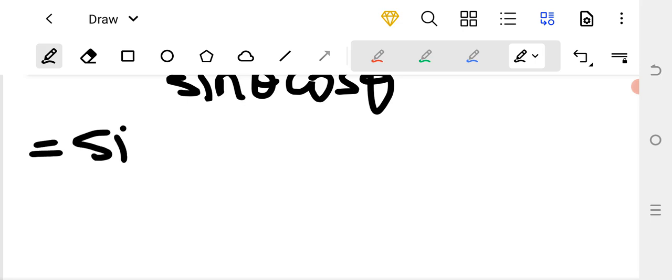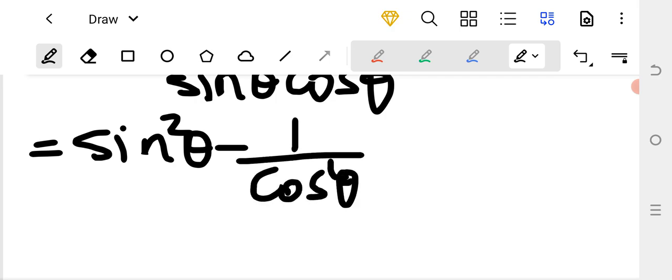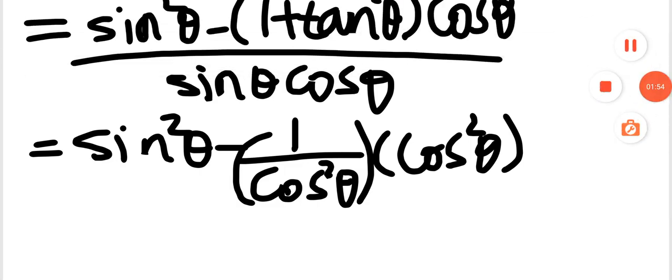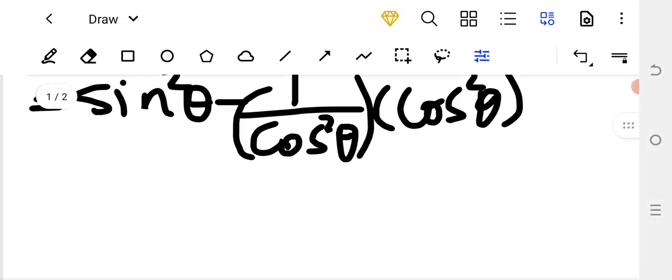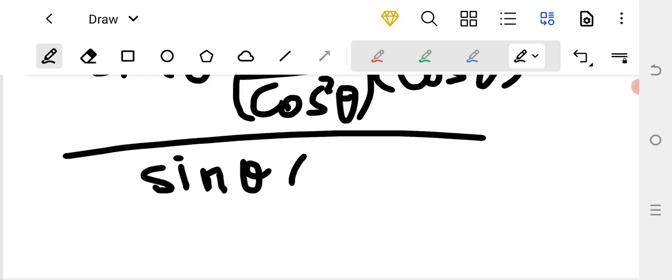We'll say is equal to sine theta squared minus sec theta squared, which is the same as 1 over cos theta squared, multiplied by cos theta squared, and then we divide by sine theta cos theta.